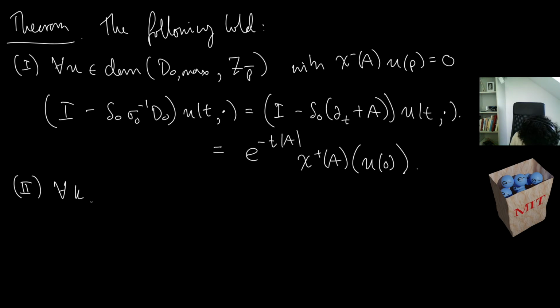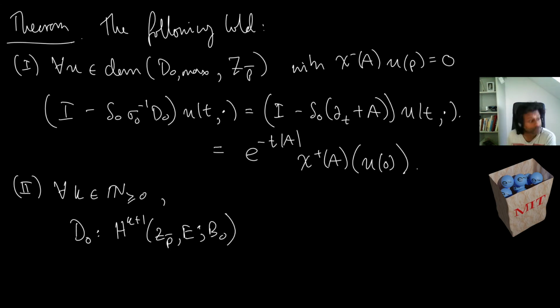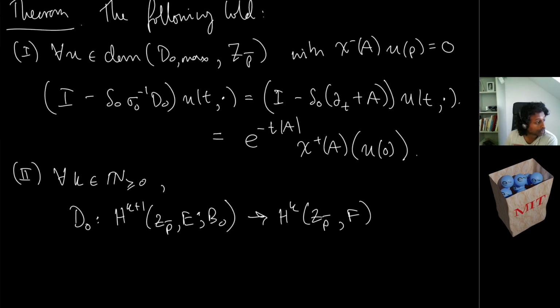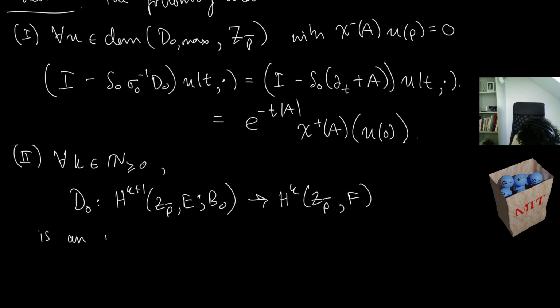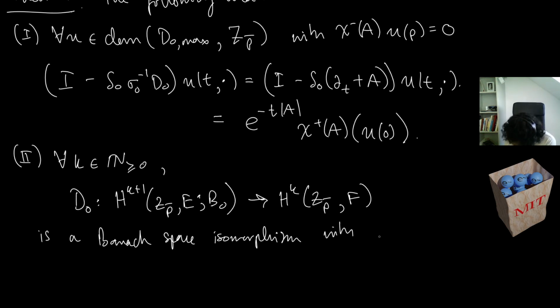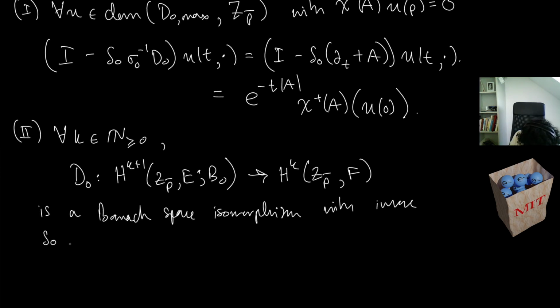So for all k which are natural numbers greater than or equal to 0, D naught from Hk plus 1 Z rho E taking values in B naught to Hk Z rho bar of F is a Banach space isomorphism with inverse S naught sigma naught inverse.